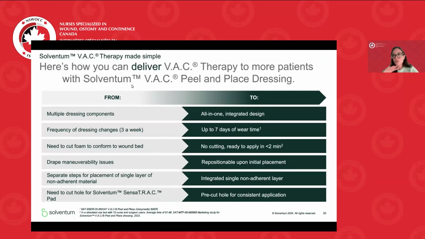It is all in one. So essentially we're not putting anything in the wound. We peel and we place, and I'll show you in just a second. This also allows us to change the frequency of our dressing change from on average 3 times a week to on average 7 days of wear time. We are no longer cutting that foam, which again is a huge, huge paradigm shift.